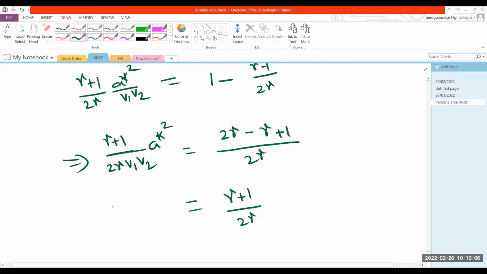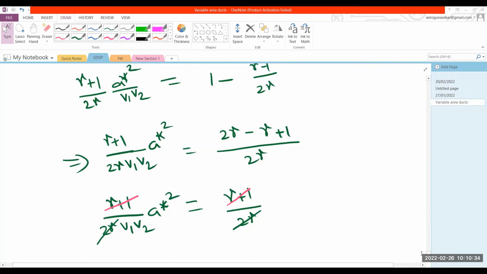On the left hand side you have (gamma plus 1) by 2 into gamma into A star square by V1 V2. Now we can cancel out 2 gamma, which is there in the denominator, and gamma plus 1 also can be cancelled out, since it is there on both sides.